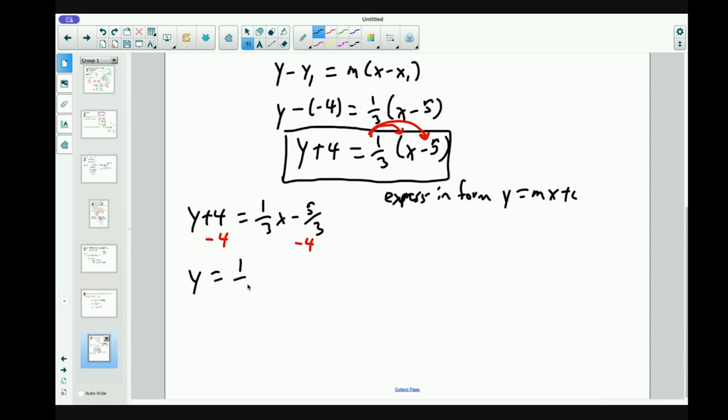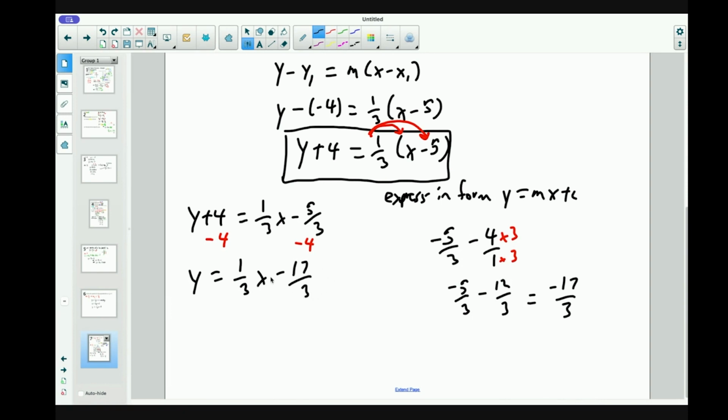So we get y is equal to 1/3 x minus 5/3 minus 4/1. We have to turn the second fraction into a fraction with a common denominator. So that'll be negative 5/3 minus 12/3, which is equal to negative 17/3.